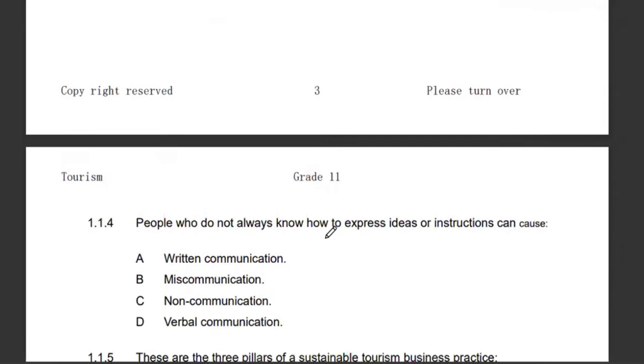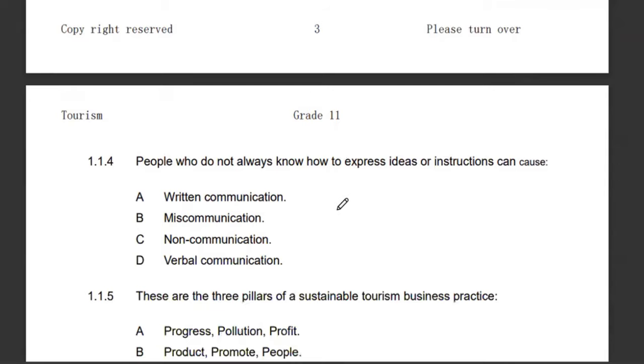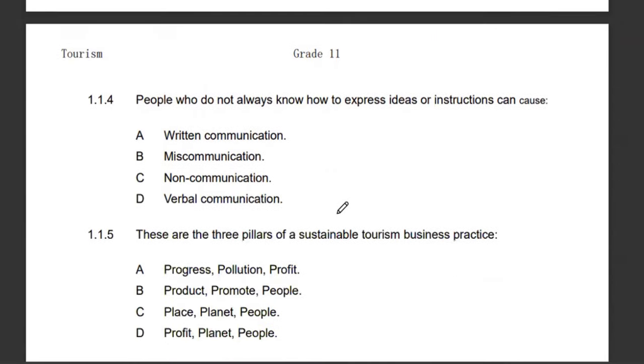Then moving on to the next one, people who do not always know how to express their ideas or instruction can cause what we call miscommunication. If you're not able to express your ideas or instruction, it results in miscommunication, whereby the other party would end up receiving the wrong information, which is not the intended one.